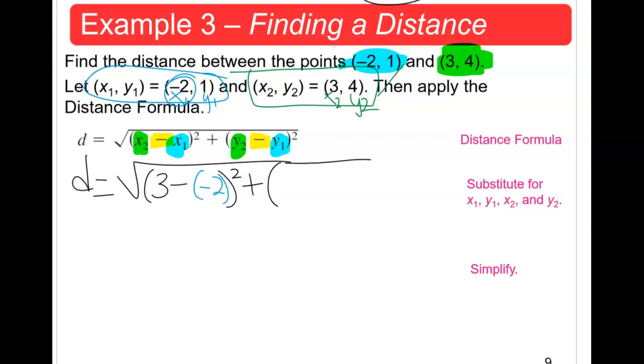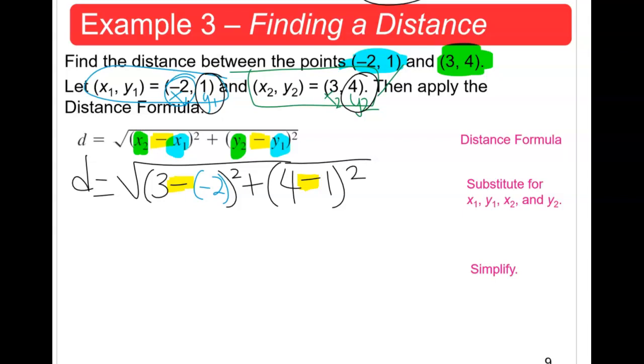The next one is y sub 2, so we have a 4 from here, and then minus y sub 1, which is a 1. So remember, the negatives that you see here are indicating that we're subtracting the coordinates.